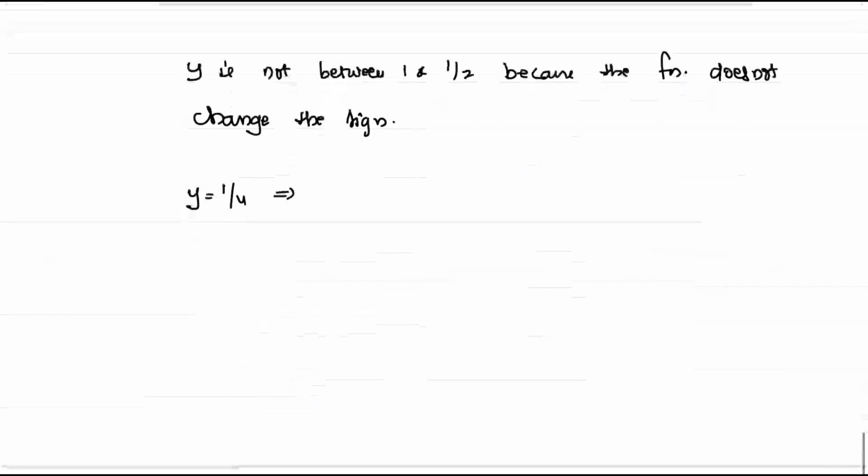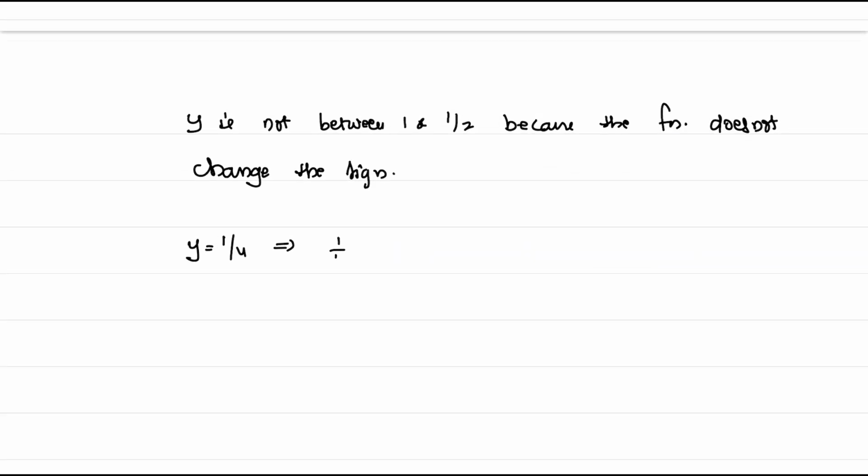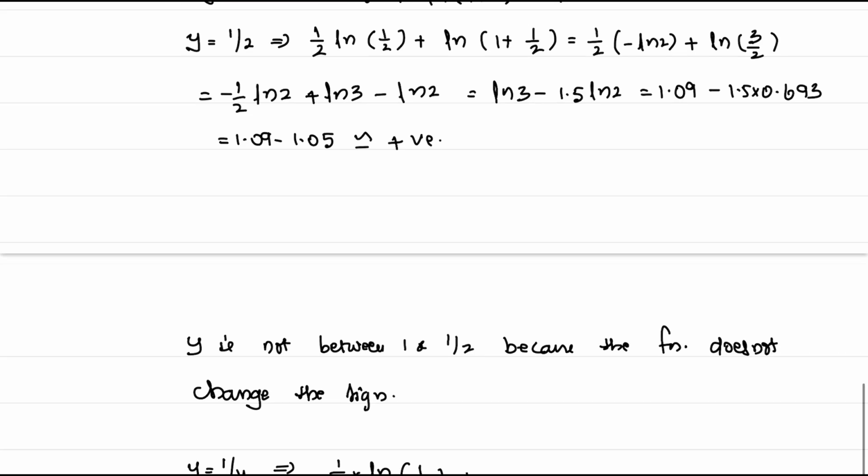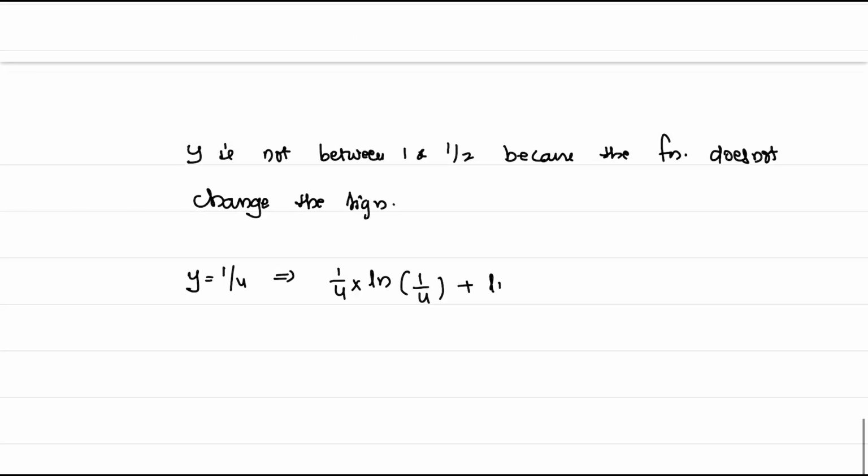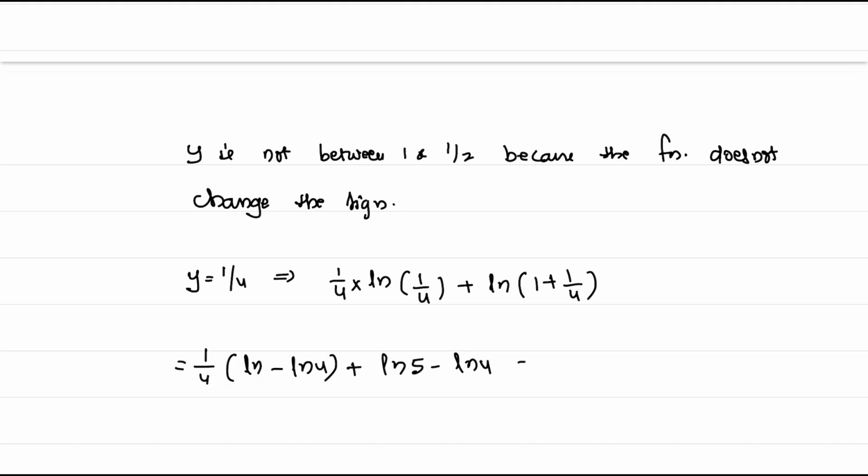Y ln y plus ln 1 plus y: 1 by 4 into ln 1 by 4 plus ln 1 plus 1 by 4. That is equal to 1 by 4 into ln 1 minus ln 4 plus ln 5 minus ln 4, because 1 plus 1 by 4 is 5 by 4.